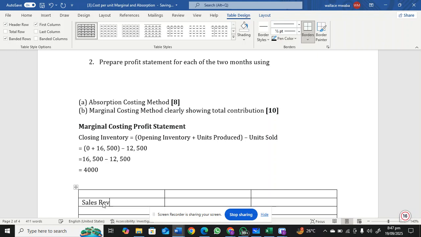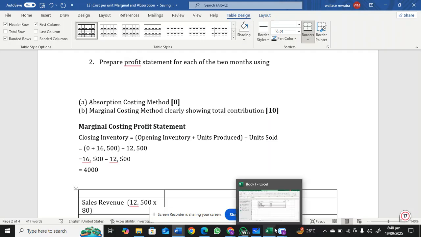Sales revenue: units sold, that was 12,500, multiplied by the selling price, 80 kwacha. So we're going to say 12,500 times 80.